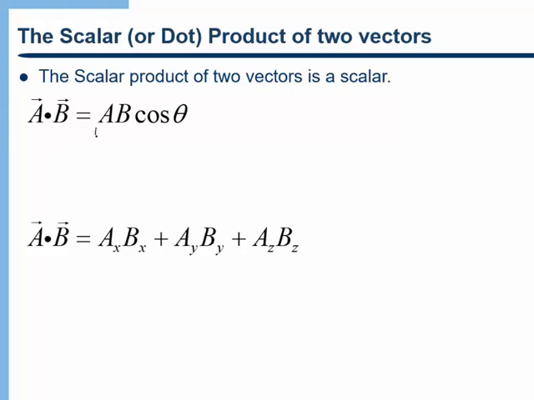Okay, so it turns out there are two different ways to calculate the scalar product. If you have the magnitudes of each of the vectors, so this is vector A and vector B, where A and B are the magnitudes. Remember that the magnitudes of a vector are always positive. It's just the length of the vector.